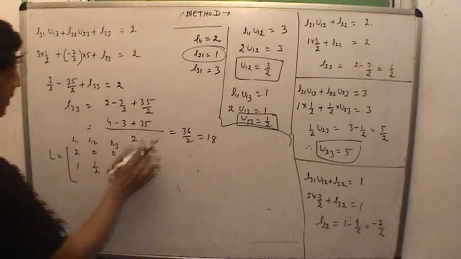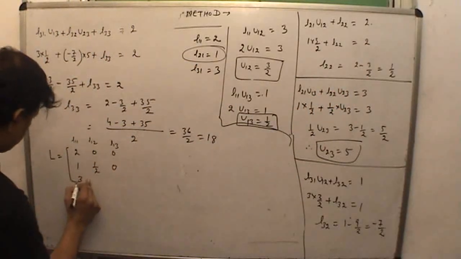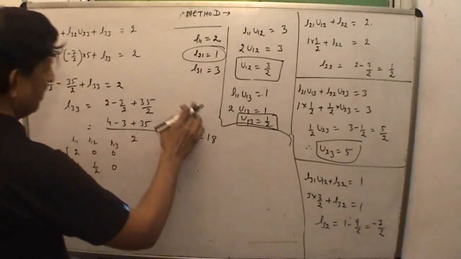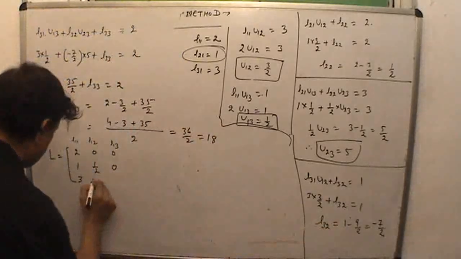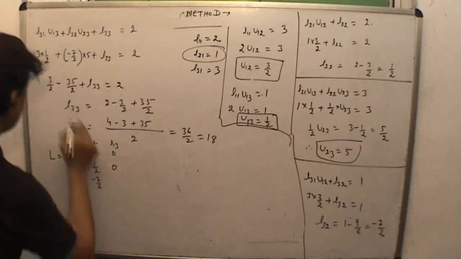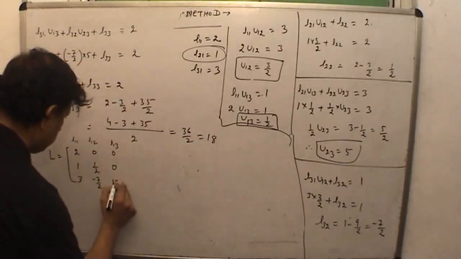Then L31, 3, L32, minus 7 by 2, and L33, that is equal to 18.